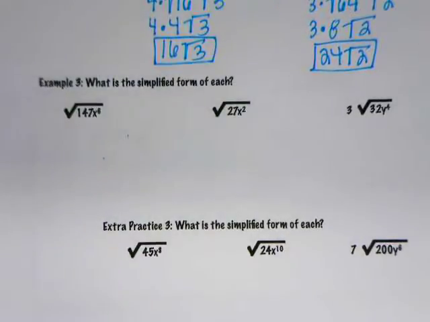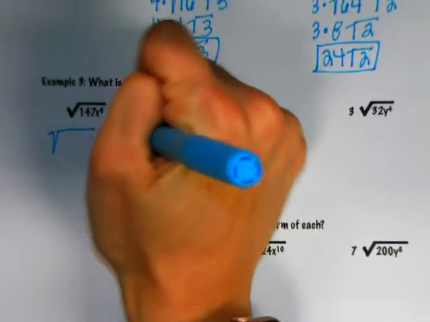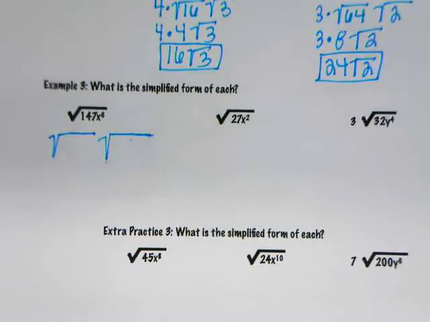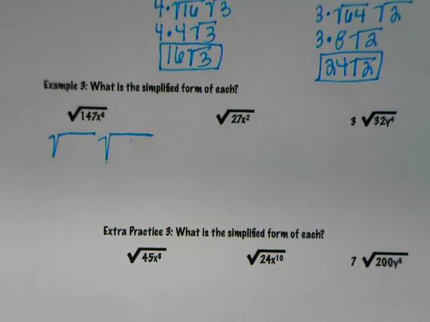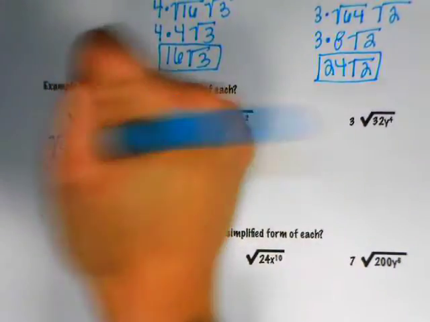Okay? So make your 2 radicals and pick what numbers you'd use for 147. I don't know. 49? 49 times what? 49 times 3.